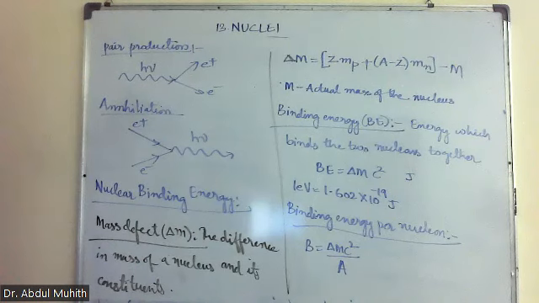To bind the nucleons together, how much energy is required for one nucleon? That is known as the binding energy per nucleon.